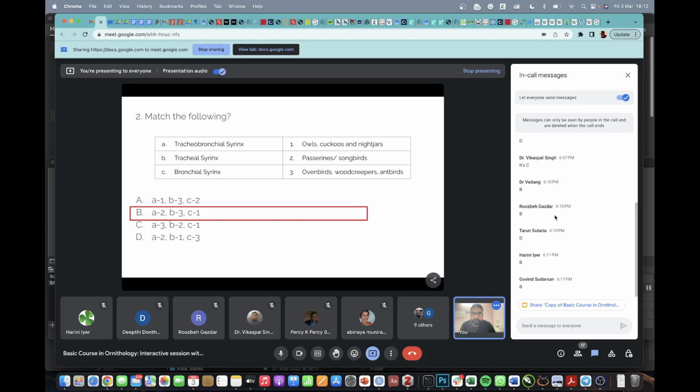And there's something called the tracheal syrinx, which is found only in the ovenbirds and wood creepers. And the bronchial syrinx is the usual one in owls, cuckoos and nightjars, which have a very different kind of call as well.